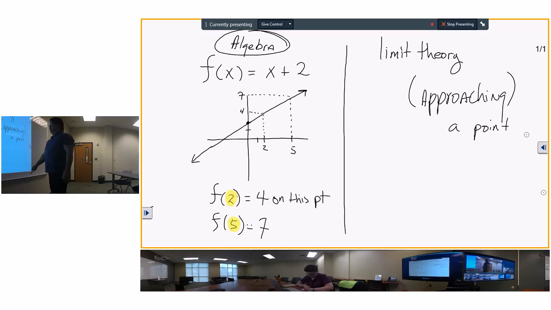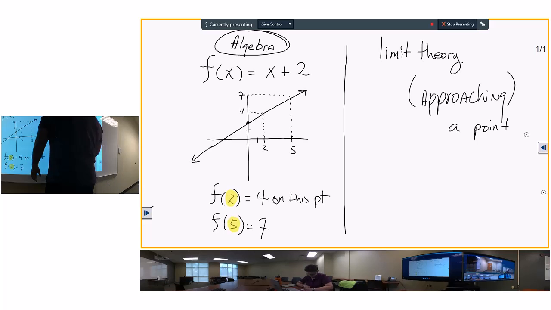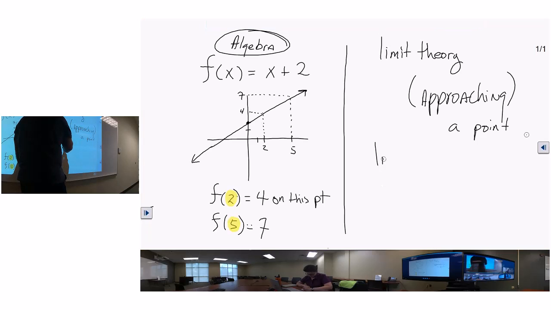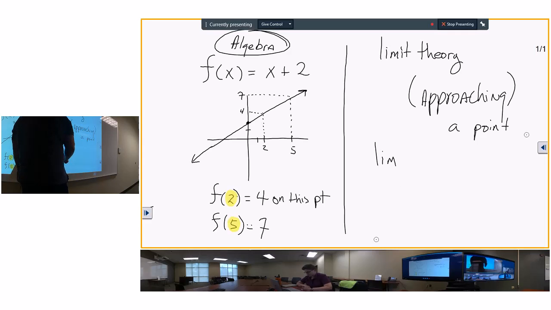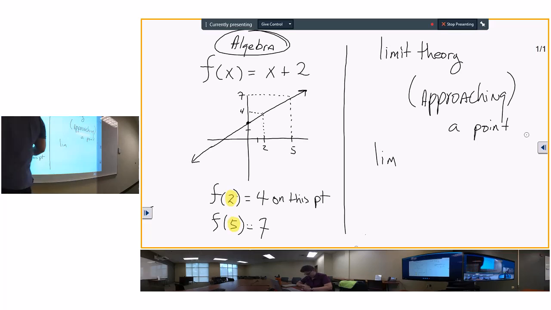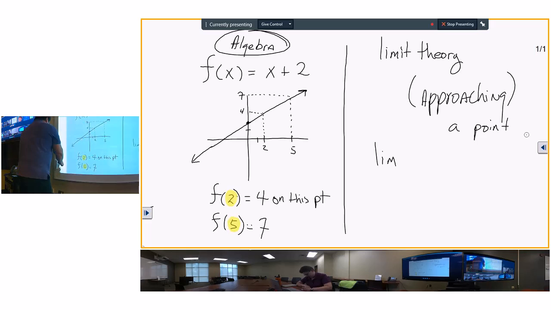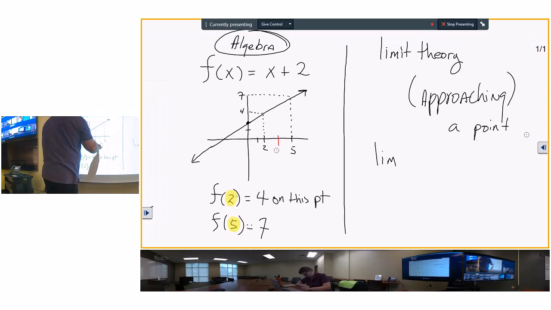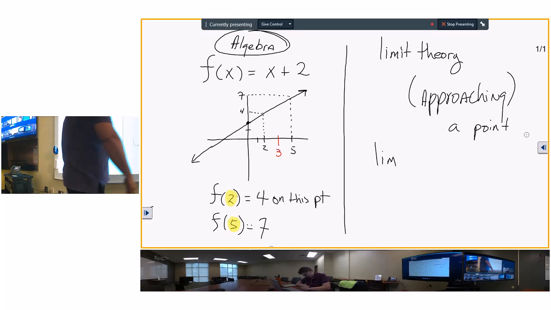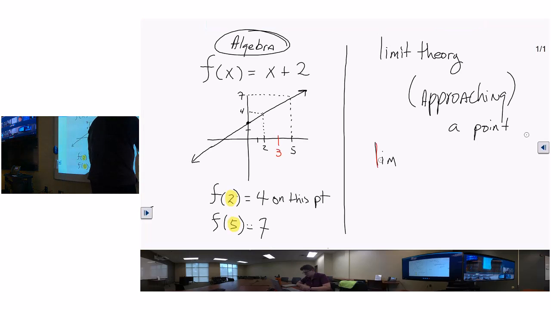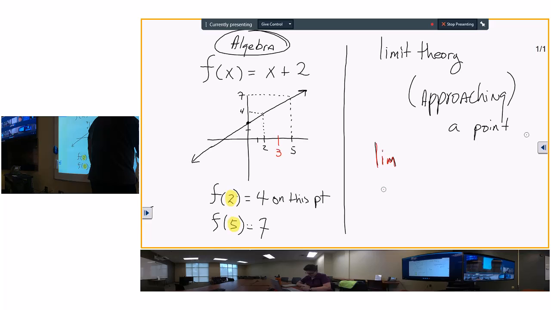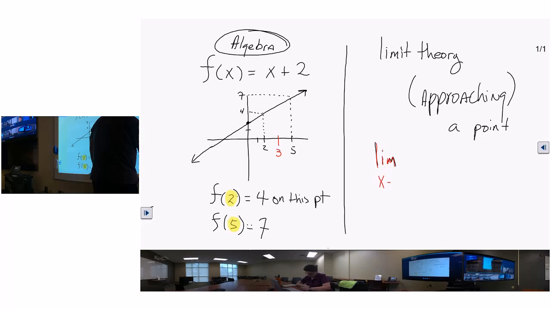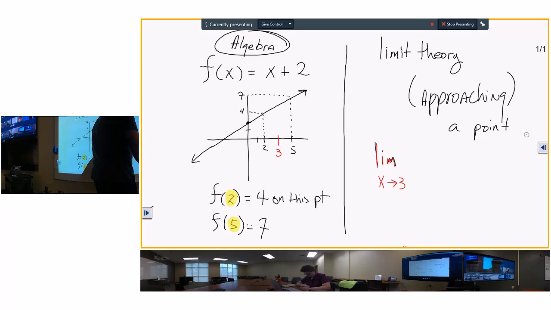So, when you approach something, it's going to be written like this. Limit, and I'm going to use this point right here. I'm going to use 3. Limit as x approaches 3 of x plus 2.